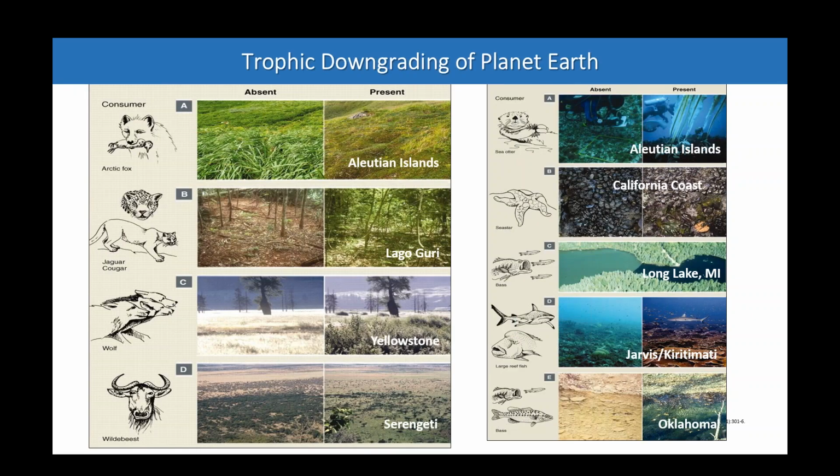So this paper was published in Science. Jim Estes, the sea otter scientist, was the lead author. This was published very recently, I believe in 2013 or 2014. The title is Trophic Downgrading of Planet Earth.